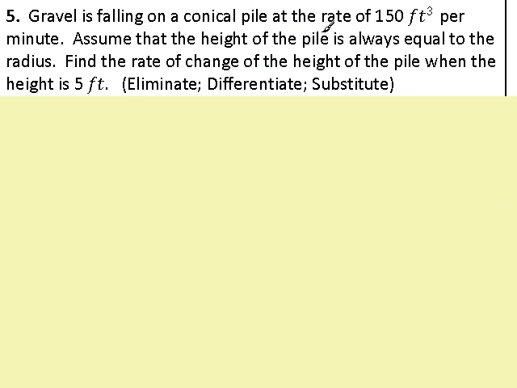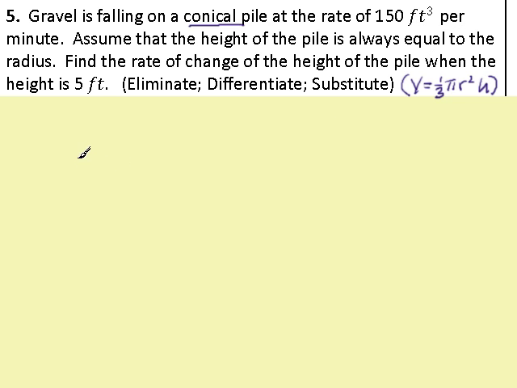Number 5 also involves a cone, and so we'll be needing the volume of a cone. Let me just remind you of that. Let me write it down here. V is equal to 1/3 pi r squared h. This says that gravel is falling onto a conical pile at the rate of 100 cubic feet per minute.